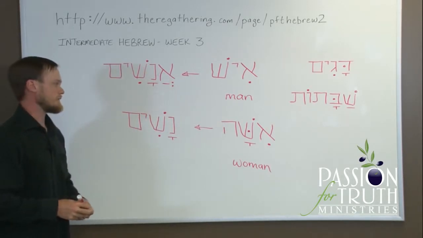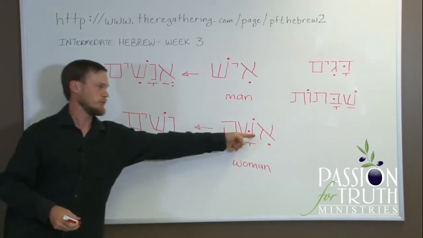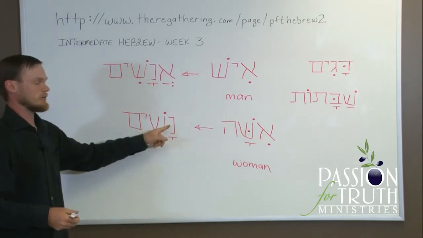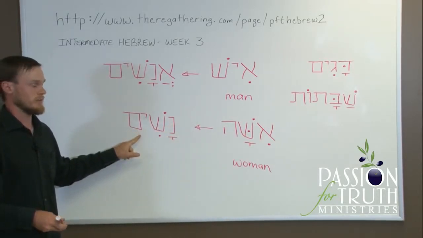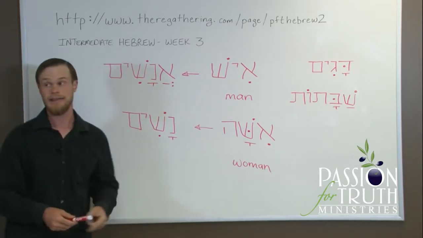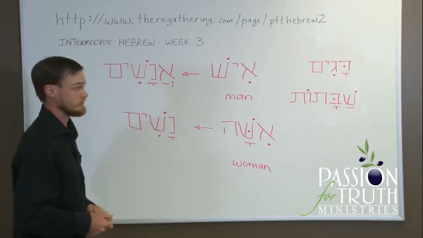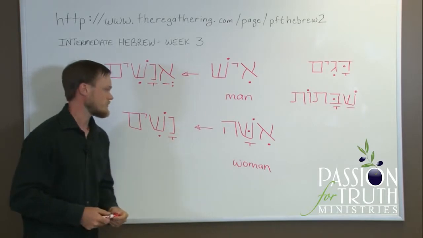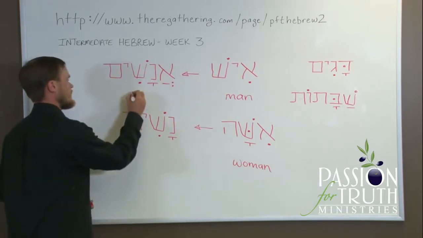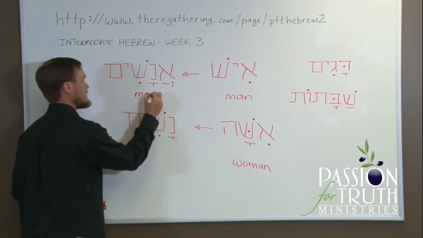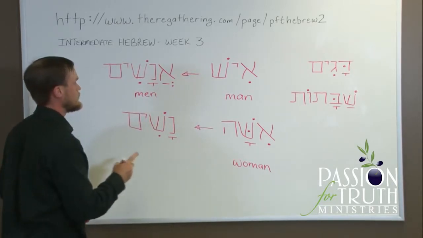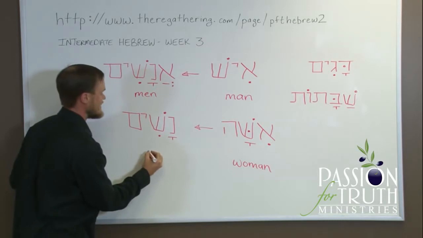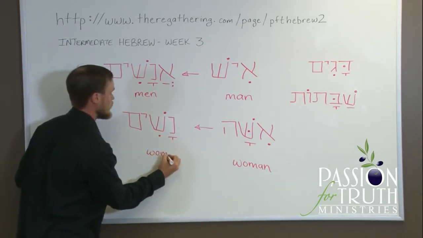So not only does it lose one letter, gain a totally different letter, but it also takes what would normally be the masculine plural ending. So Ish is man, Anashim is men, Isha is woman, and Nashim is women.